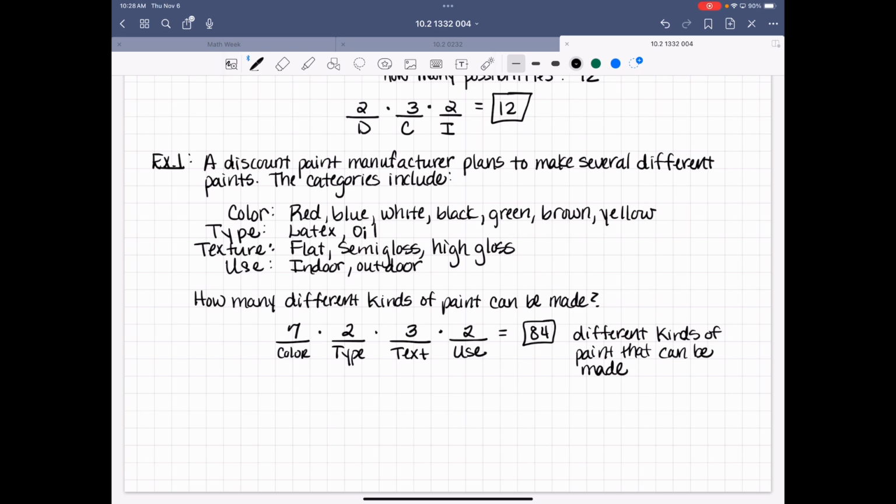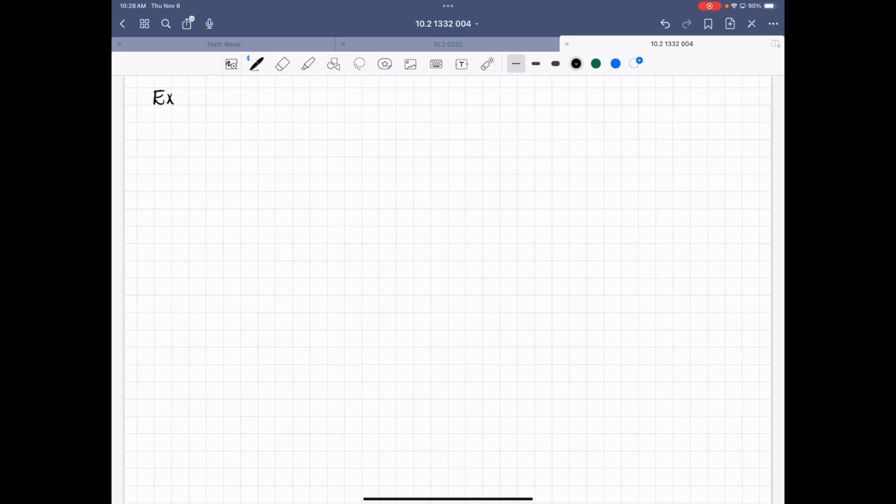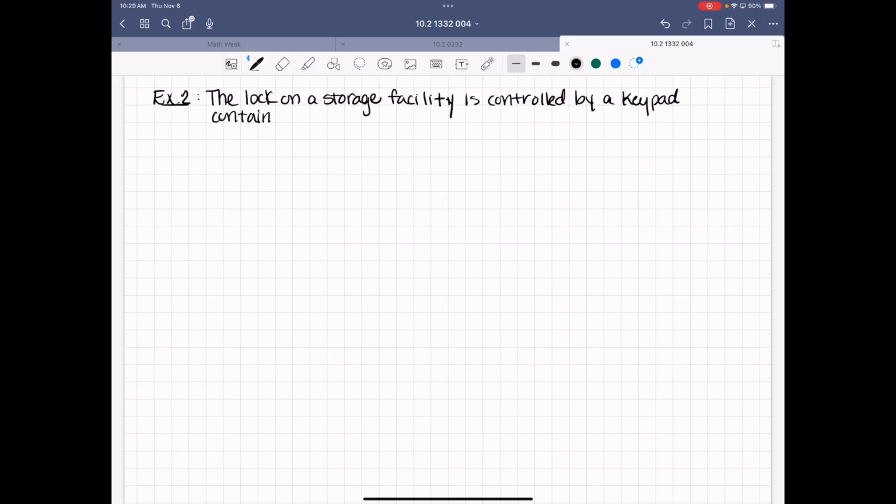Let's look at example 2. Example 2 says the lock on a storage facility is controlled by a keypad containing digits 1 through 5.